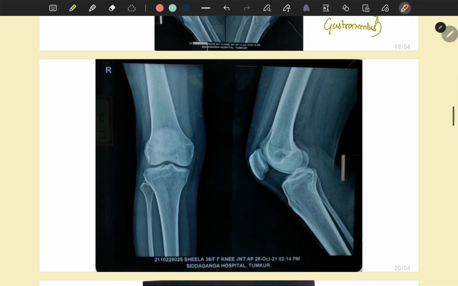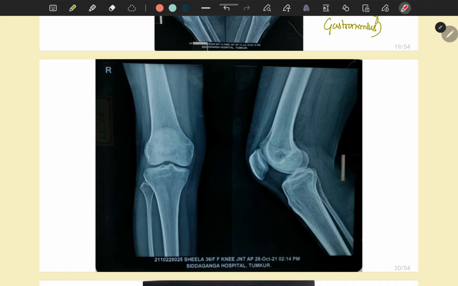Here you can see the AP view, right side, femur, impression for the patella. You can see the medial condyle, lateral condyle, intercondylar ridge, intercondylar area, intercondylar tubercles. Here you see the fibula, and this is the patella.